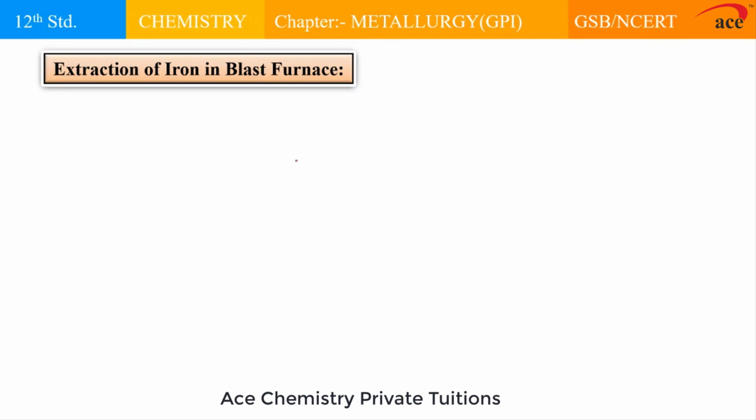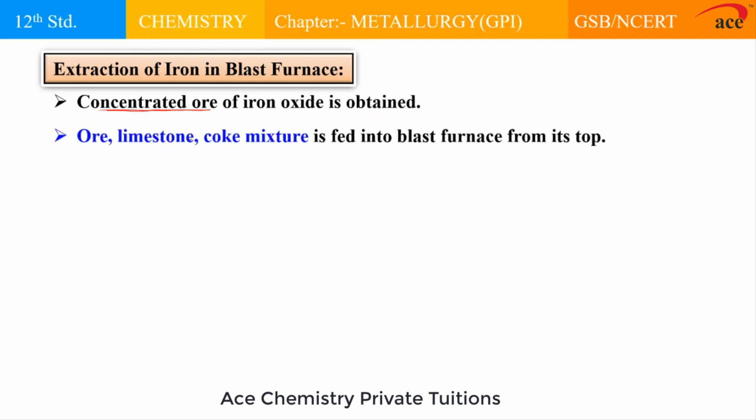In extraction of iron in the blast furnace, students, there are certain steps if you will see. The concentrated ore. Now we know that this ore is concentrated by hydraulic washing. So this concentrated ore of iron oxide is obtained after roasting. In the blast furnace we are mixing the powdered form of the ore along with a mixture of limestone and coke.